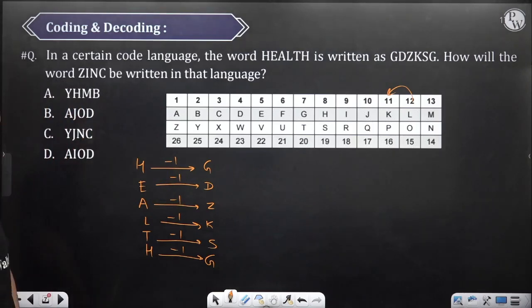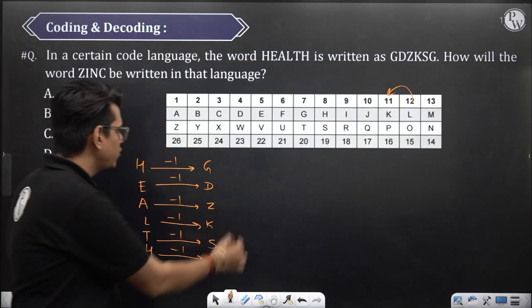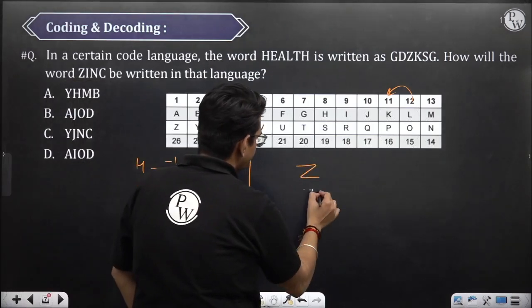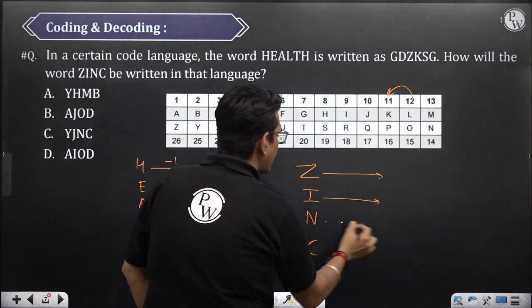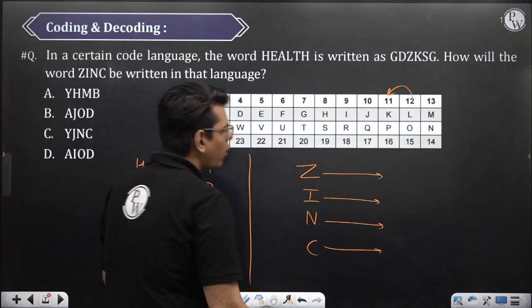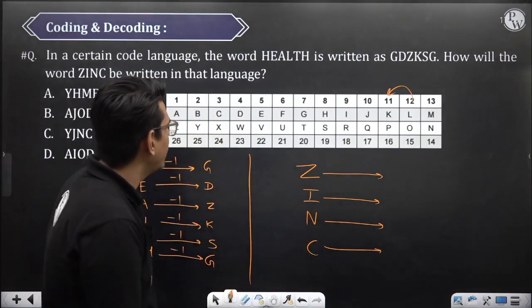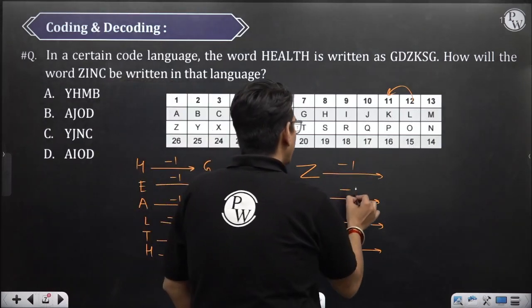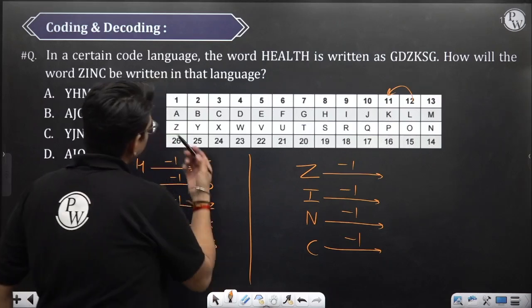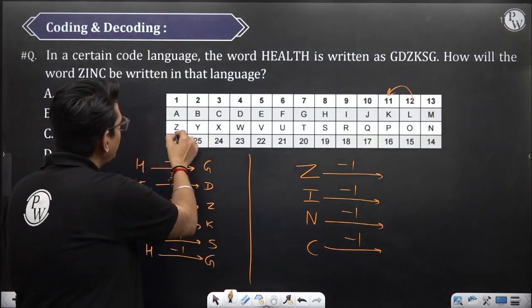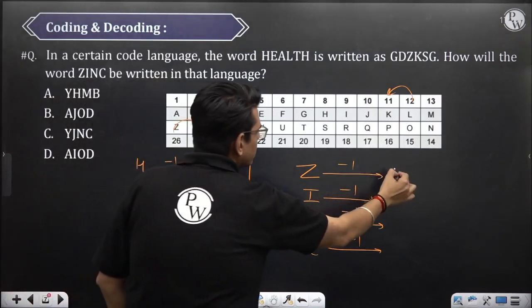Okay. Now how will the word ZINC be written in this language? For ZINC, sometimes you don't have to find the code for every alphabet. You get the answer directly. First, second, you can eliminate some options and you can find the answer. So Z minus 1 is nothing but Y. Okay.